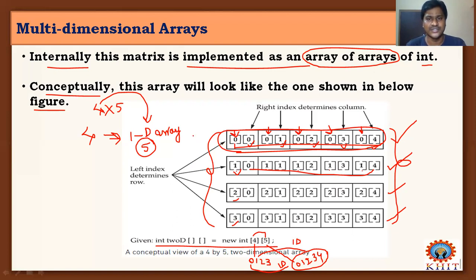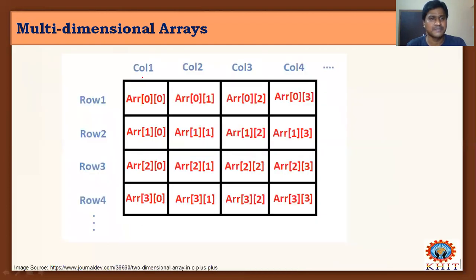It is a collection of arrays of arrays, a collection of one-dimensional arrays. So that is how we construct a 2D array. Got it? We will see more with another example. This is a two-dimensional array. What is the size of this array? Clearly 4 by 4.